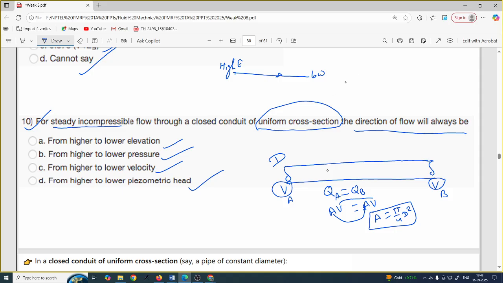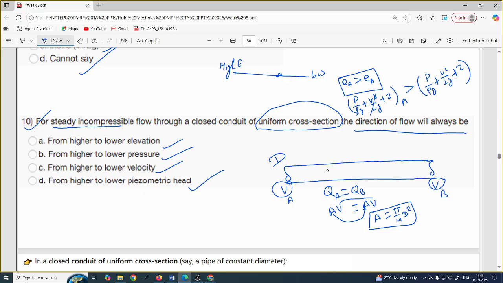It means the energy at A will be greater than the energy at B, and you get the energy based on Bernoulli's equation: P by rho g plus V square by 2g plus Z. At point A, your energy should be greater than P by rho g plus V square by 2g plus Z at B. One thing you know already, the velocity is the same.